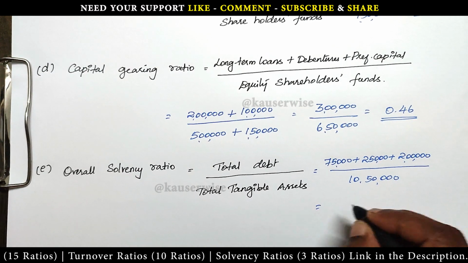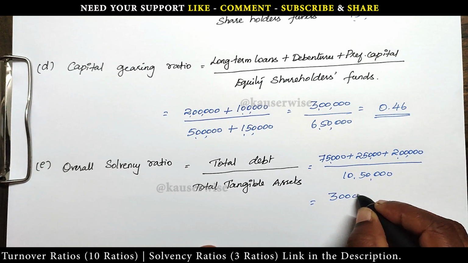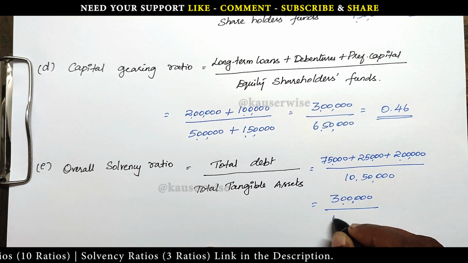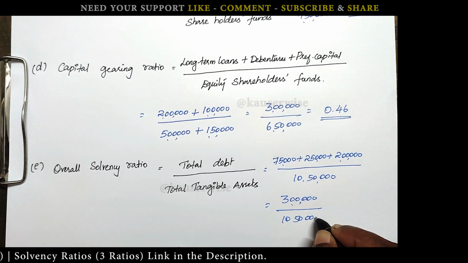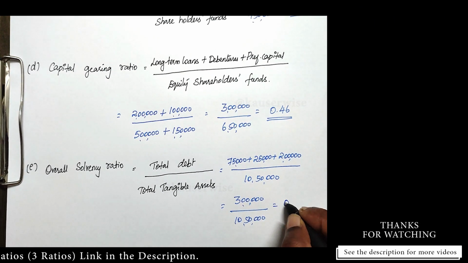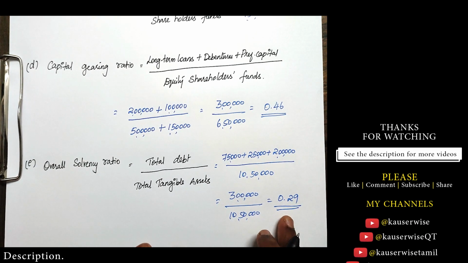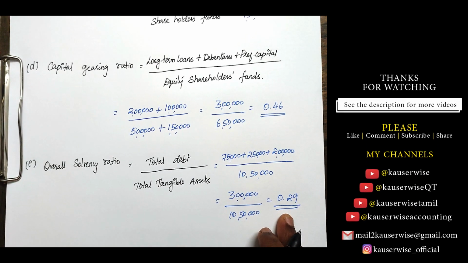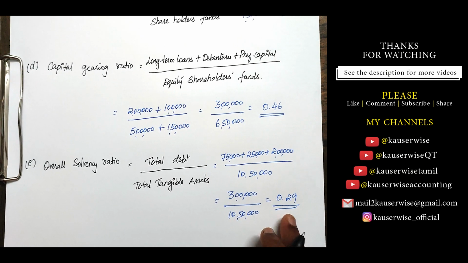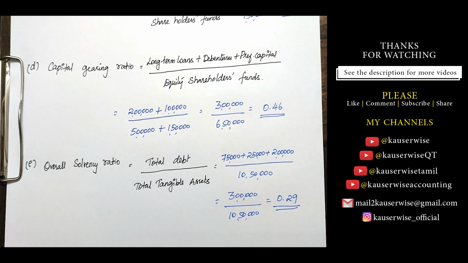So what is the answer? 3 lakh divided by 10 lakh 50,000. You will be getting 0.29. So this is the overall solvency ratio. This is the way to calculate long-term solvency ratios as well as overall solvency ratio.